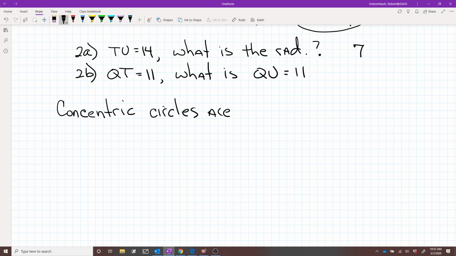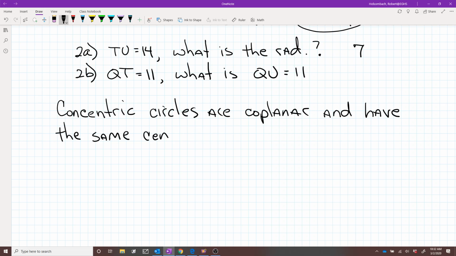They are coplanar, and they have the same center. Alright, concentric circles are coplanar and they have the same center.